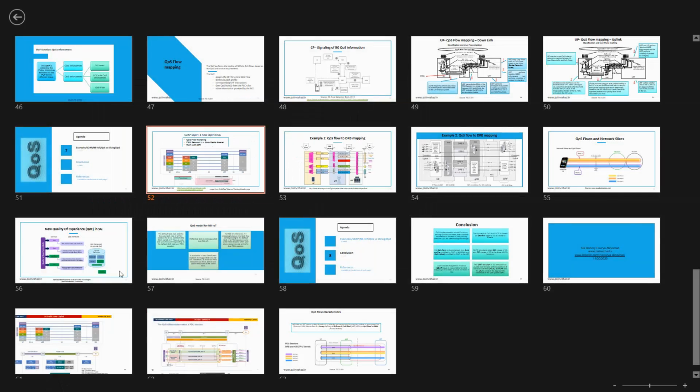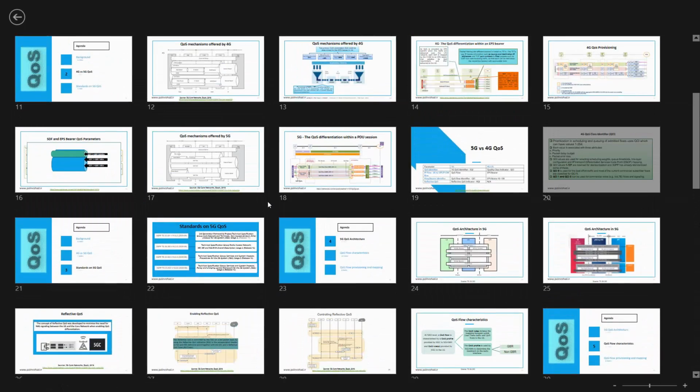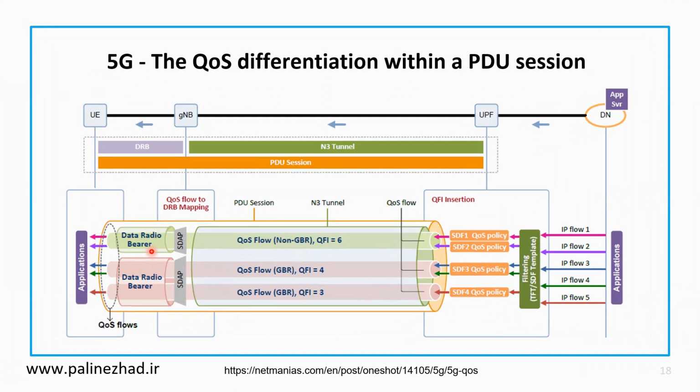Let me show you here. You see here SDAP maps a PDU session to a data radio bearer, and it was a part of two-time mapping in 5G, one by UPF and one by gNodeB on the SDAP layer between a PDU session and data radio bearer.